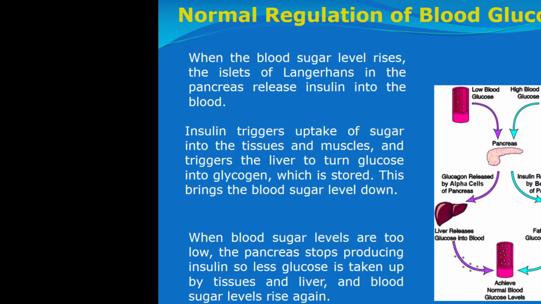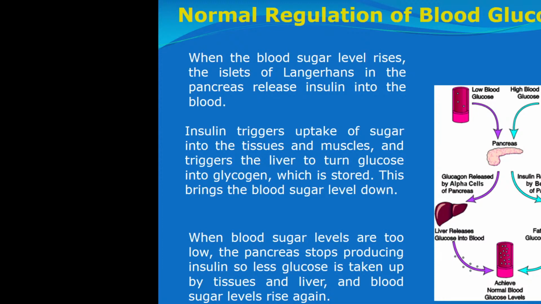Glucagon acts on the liver, causing glycogen to be broken down into glucose and released into the bloodstream, causing blood sugar levels to go back up. This reduces glucagon secretion and brings the system back to homeostasis.